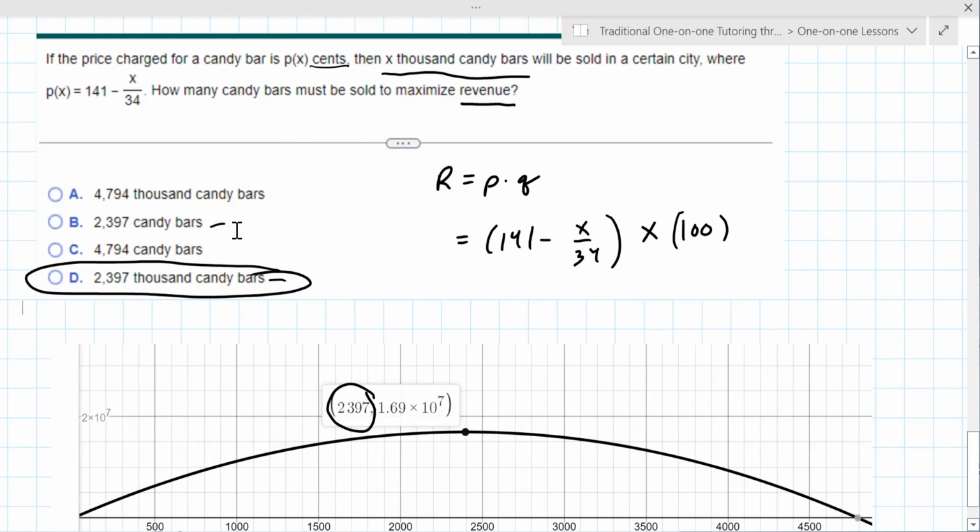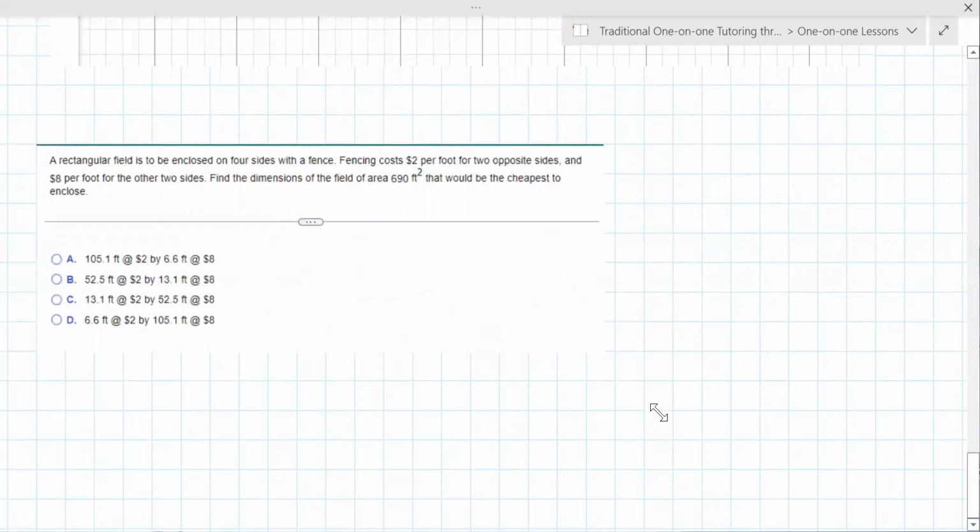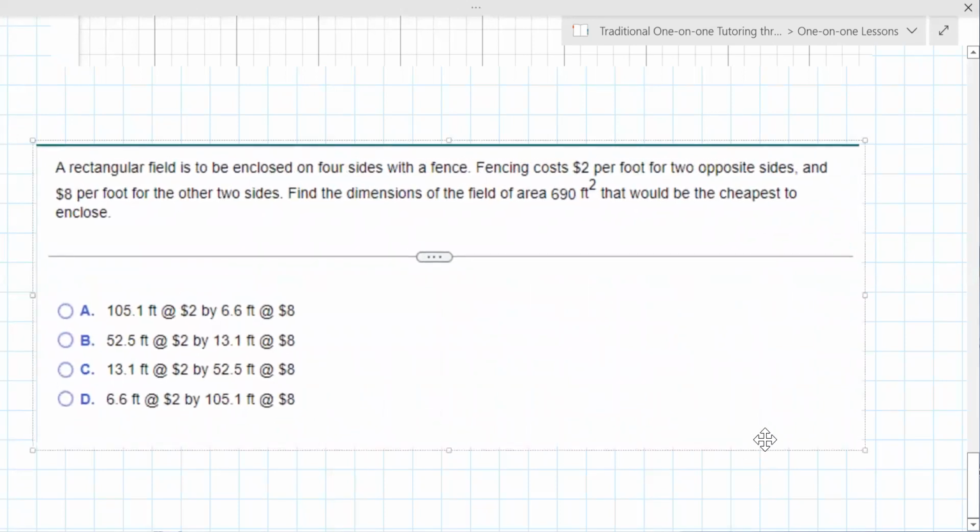All right, moving on to number 6. A rectangular field is to be enclosed on 4 sides with a fence.